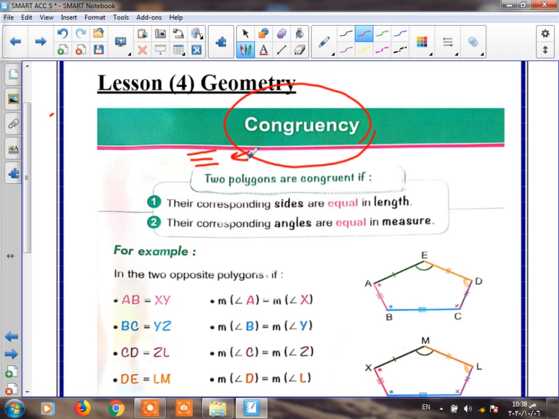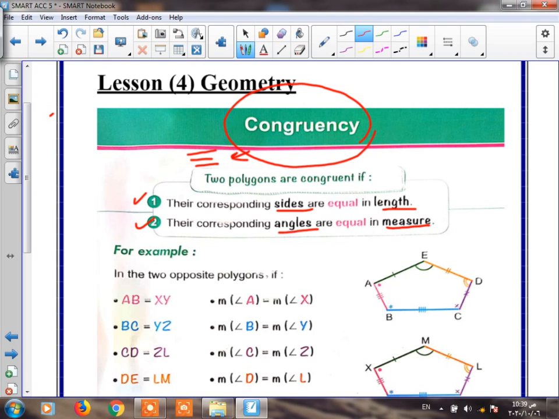It means two polygons are congruent, or identical, like each other, and have the same sides and the same angles. So the two polygons are congruent if their corresponding sides are equal in length, and also their corresponding angles are equal in measure.